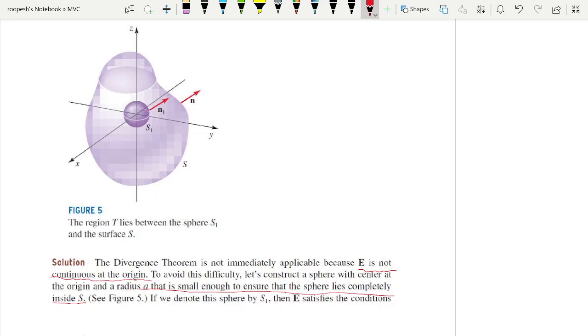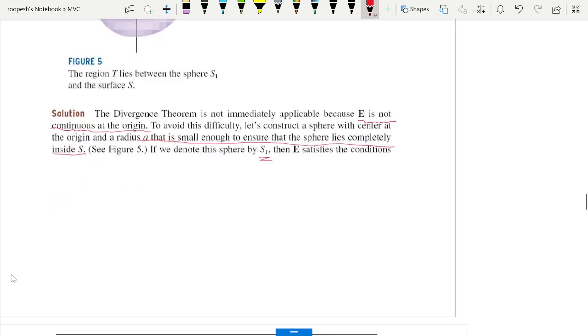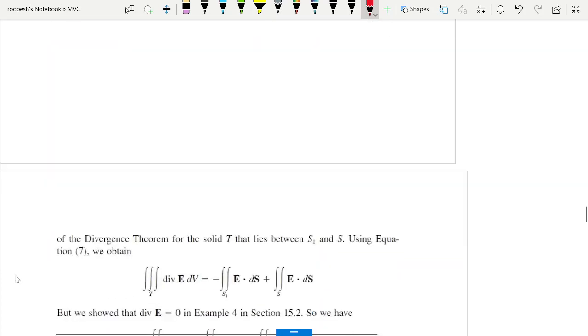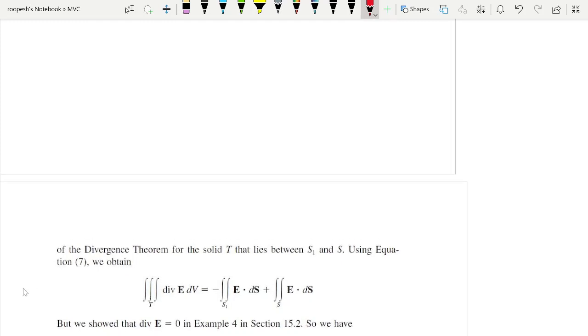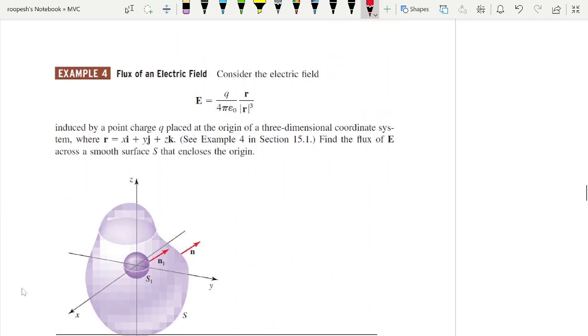If we denote this sphere by S1, then E satisfies the conditions of the divergence theorem for the solid T that lies between S1 and S. Now using our formula, what do you get?